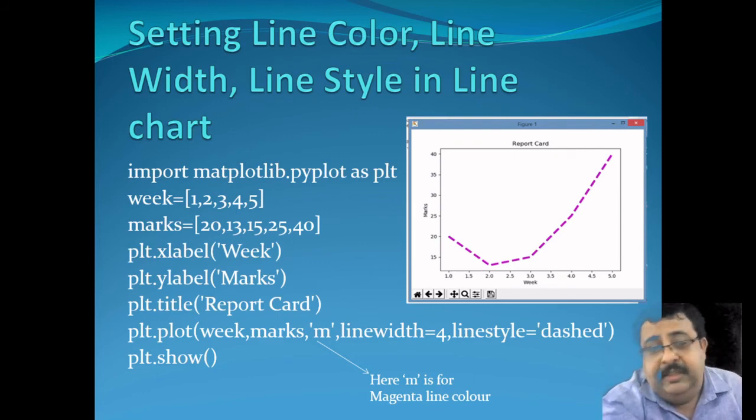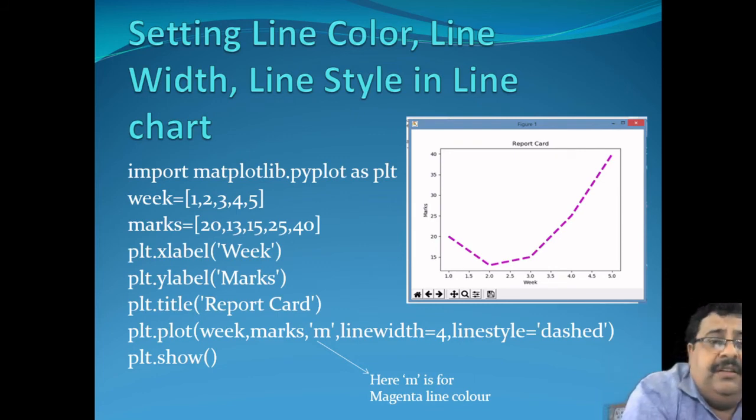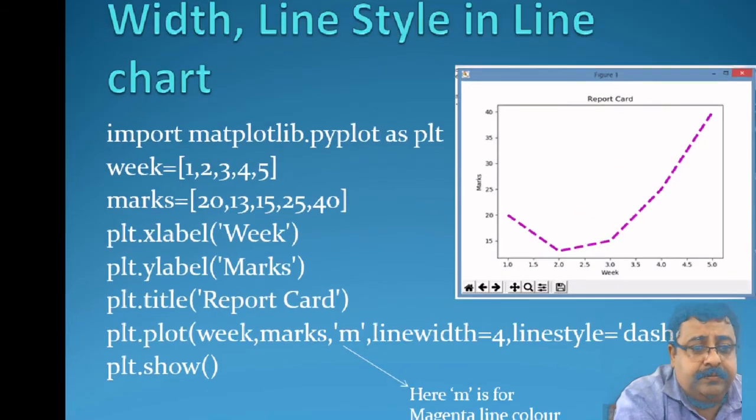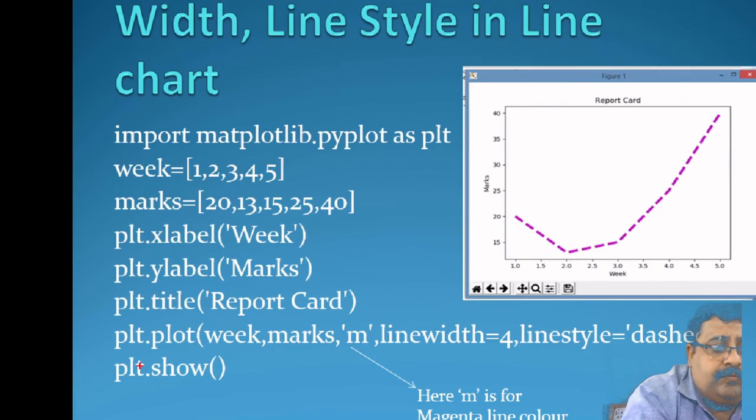Now in the previous case we have seen a single color for the line, but we can have various colors for the line. We can have varying thickness of the line, and we can have different styles of lines. For that purpose, if you see this statement, now you will find some changes.